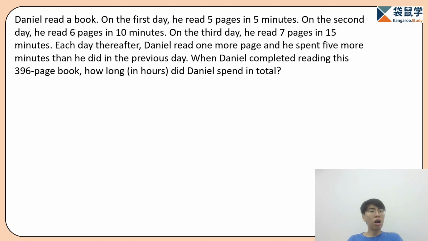But I have no idea about how many pages he read on the last day. So, what can I do? Think. We have the sum. We have the number of pages he read on the first day. Then, essentially what we need is the number of pages in the last day. But we do not have that. So what do I do?